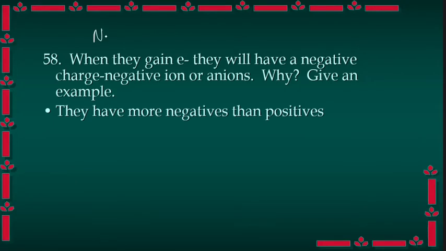For example, nitrogen: 7 protons, 7 electrons. If it gains 3 electrons, it will be nitrogen -3. Why? Because it'll have 7 protons and 10 electrons. That means the negatives are winning by 3.